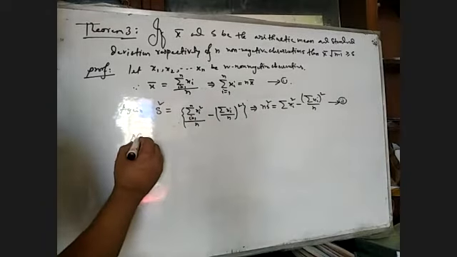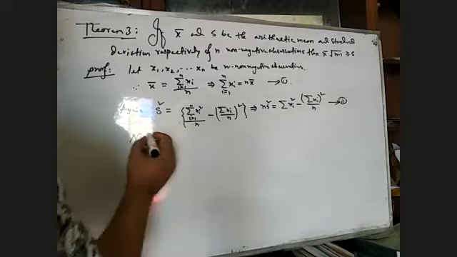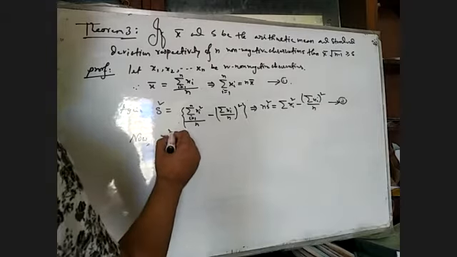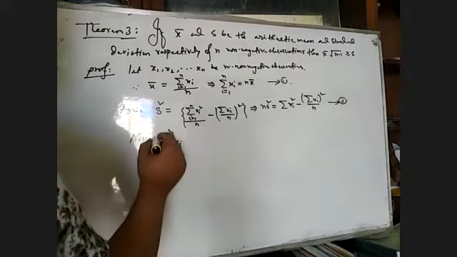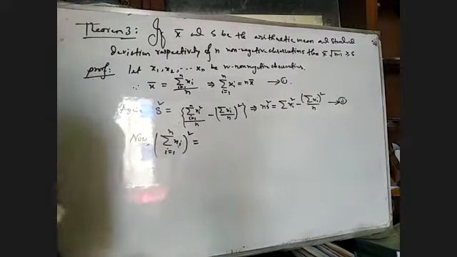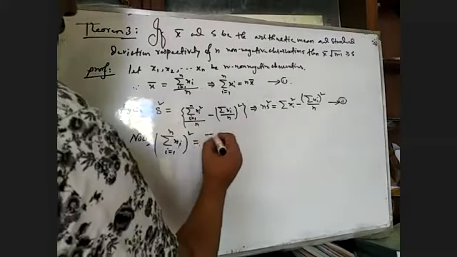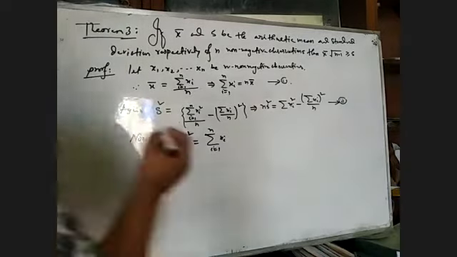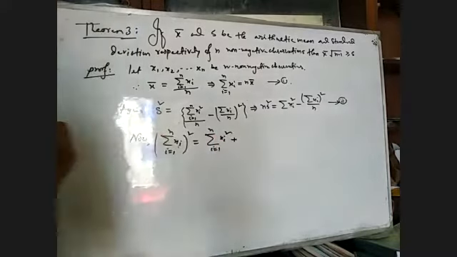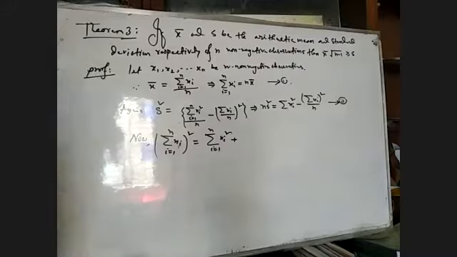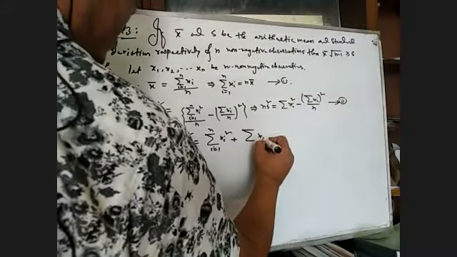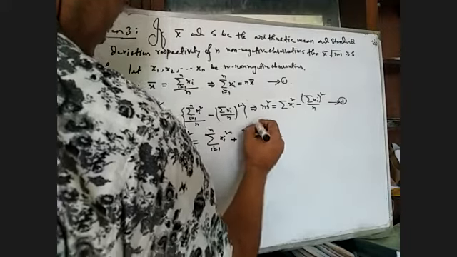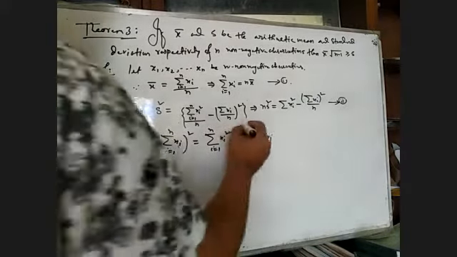Now we must know that (summation of xi, i equals 1 to n) whole square equals summation xi square, i equals 1 to n, plus summation xi xj, where i is not equal to j, up to n.